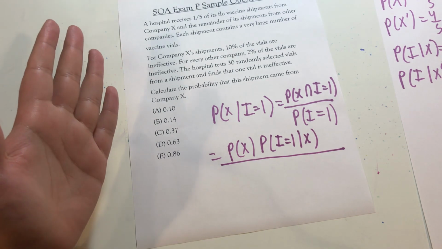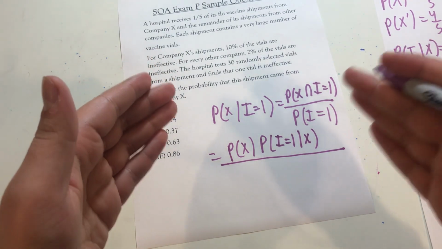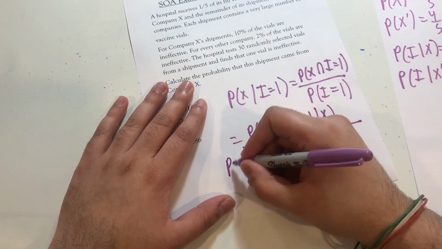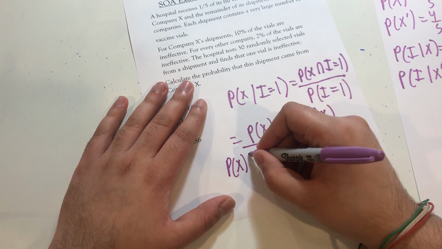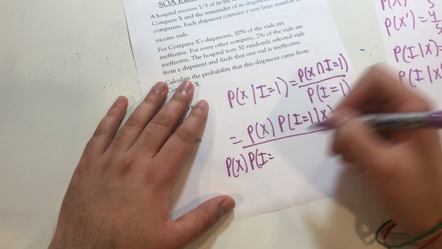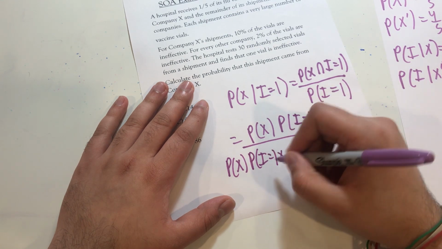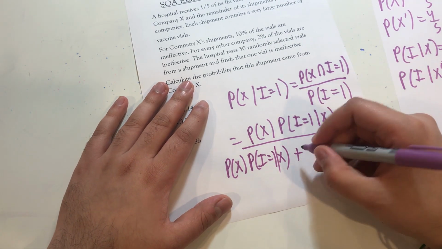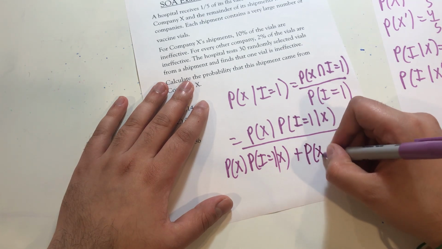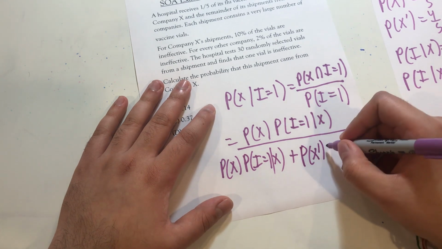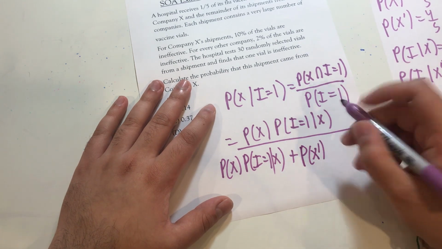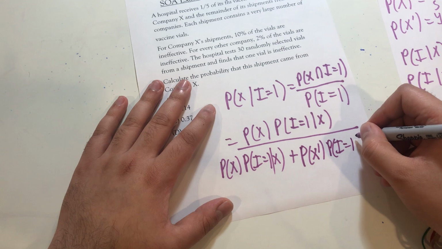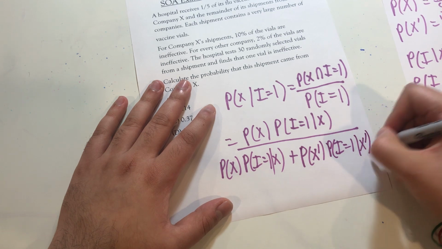You're either having one ineffective vial from X or one ineffective vial not from X. So that's going to be the probability of X multiplied by the probability of having one ineffective vial from X. That covers the option of when it comes from company X, and this next part covers the option when it doesn't come from X. So plus the probability of not being from company X times the probability of having exactly one ineffective vial, given that you're looking at a sample not from company X.